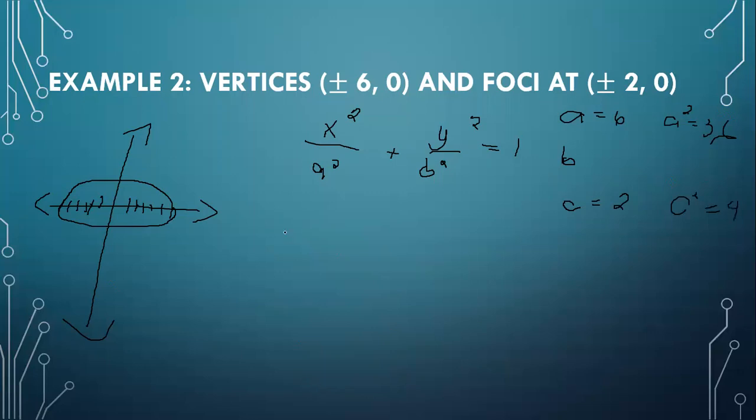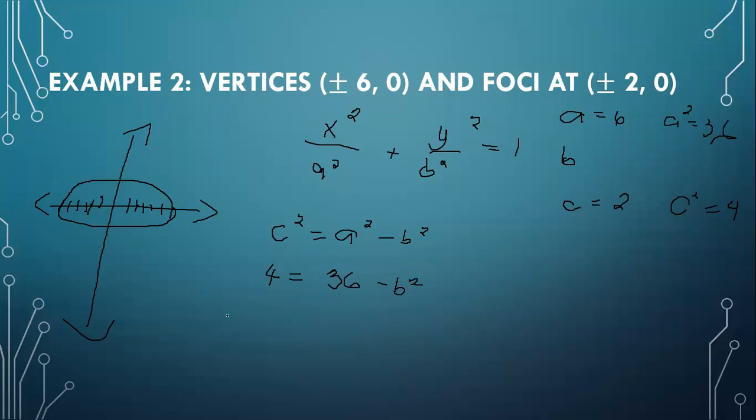To get the value of our B squared, or co-vertices, we have this formula again: C squared equals A squared minus B squared. C squared is 4, our A squared is 36, minus B squared.